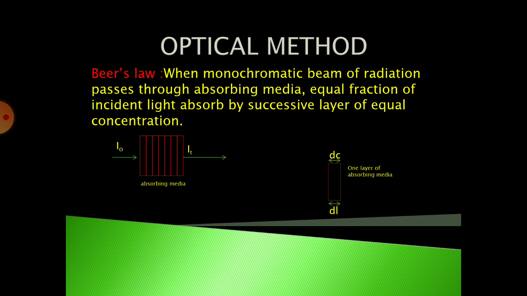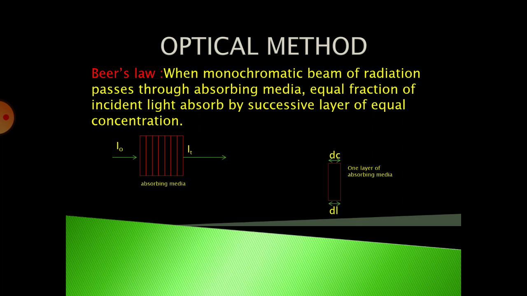In the diagram, we can see the absorbing media and the successive layers shown by red lines. I0 is the intensity of incident radiation and IT is the intensity of transmitted radiation.